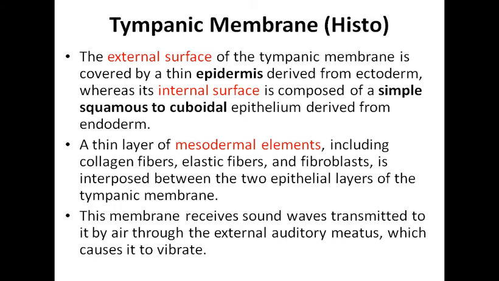The external surface of the tympanic membrane is covered by thin epidermis derived from ectoderm, whereas the internal surface is composed of simple squamous to cuboidal epithelium derived from endoderm. Right? Now, what did you understand? The outer concave surface that we see from the external ear is skin-covered, like the pinna and the external auditory meatus, so it is epidermis derived from ectoderm. The internal surface is derived from endoderm, and here the epithelium changes to simple squamous to cuboidal.